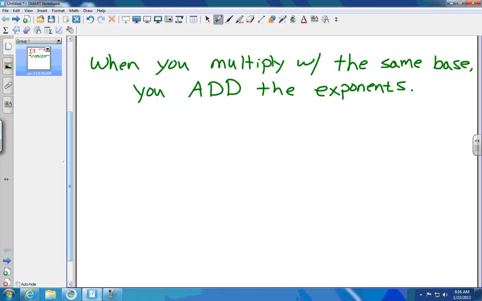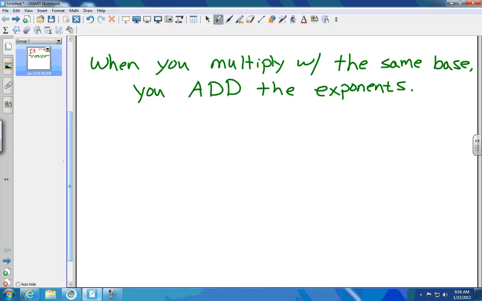I will say that many times. You need to get that in your head. You need to be saying that every time you do the problem so that you know the rule. You need to have that memorized. That needs to be a part of your brain that you don't even have to really think about. It just flows. When you multiply with the same base, you add the exponents.